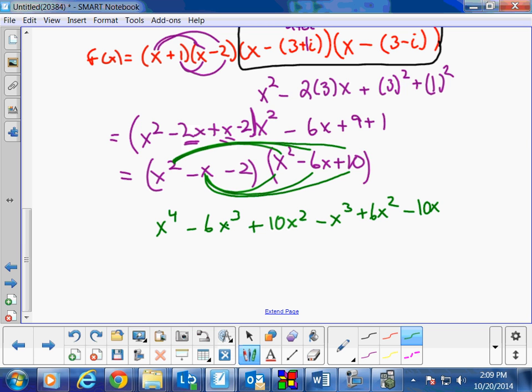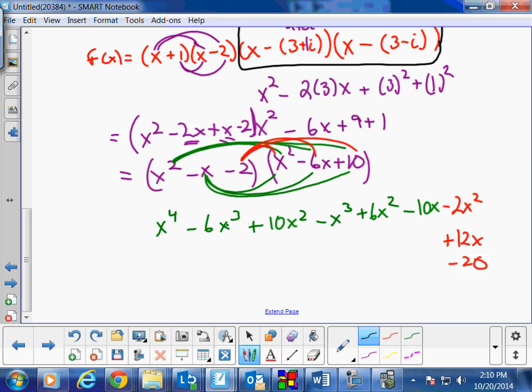And lastly, with this one, minus 2x squared, and write them this way, plus 12x minus 20. Okay, start identifying like terms.